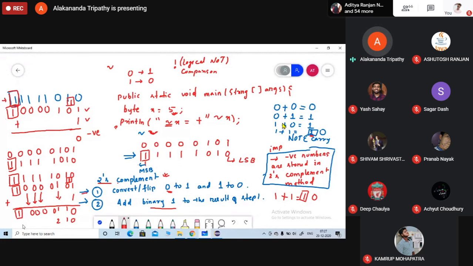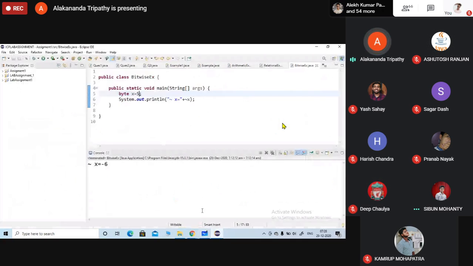So what is the value now? 2 to the power 2 plus 2 to the power 1. What is the answer? 6. और ये 1 इंडिकेट क्या करेगा? -6. Is the compiler giving you -6?